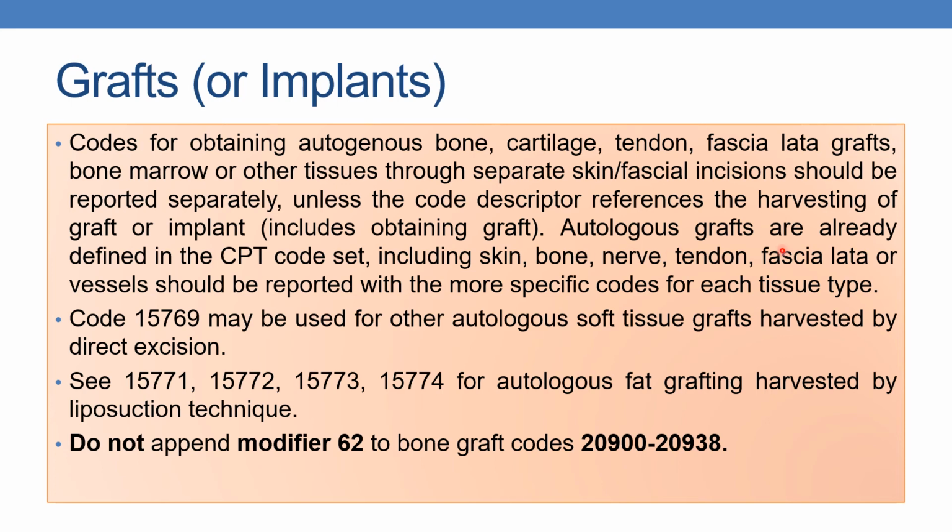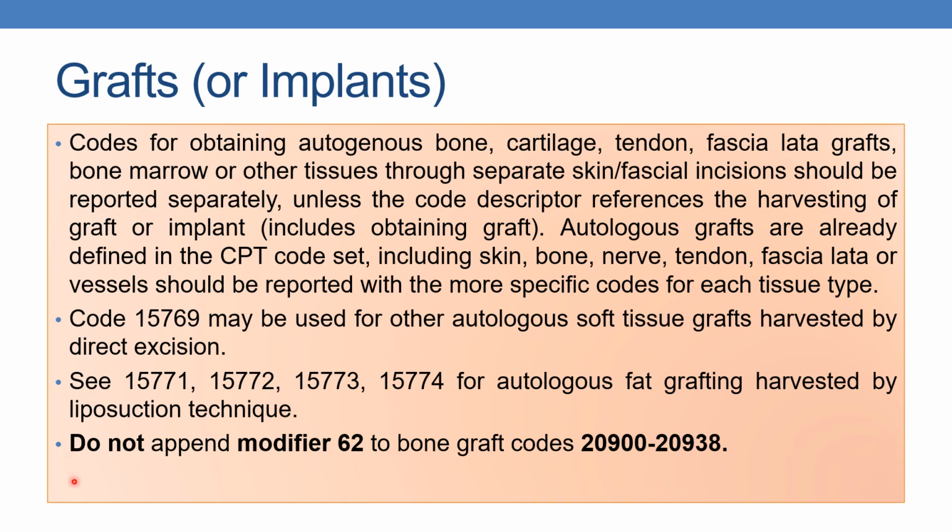Next, autologous grafts already defined in the CPT code set, including skin, bone, nerve, tendon, fascia lata or vessels, should be reported with more specific codes for each tissue type. Code 15769 may be used for other autologous soft tissue grafts harvested by direct excision. Next, see 15771, 15772, 15773, 15774 for autologous fat grafting harvested by liposuction technique.